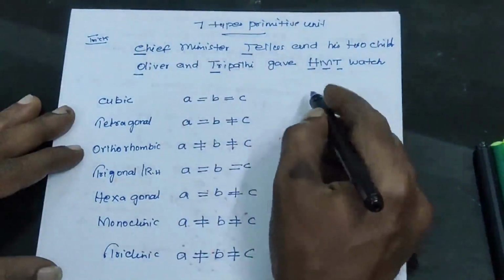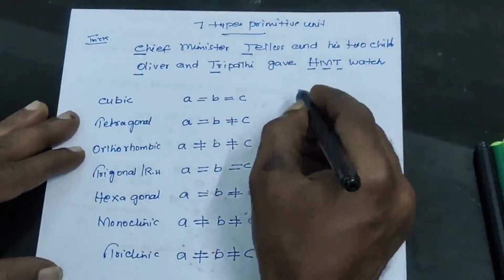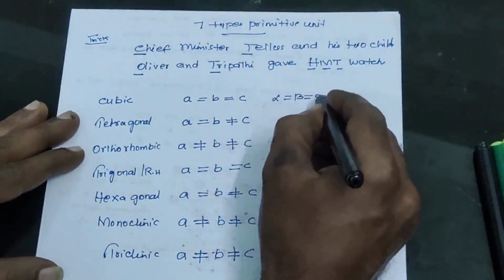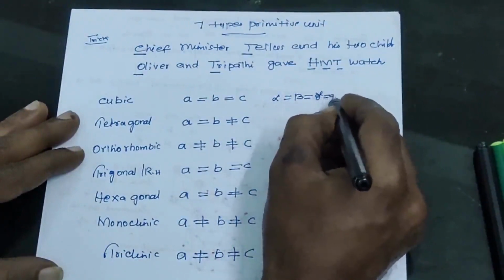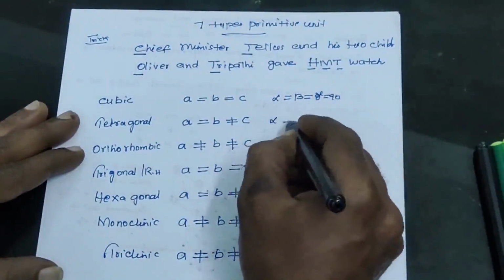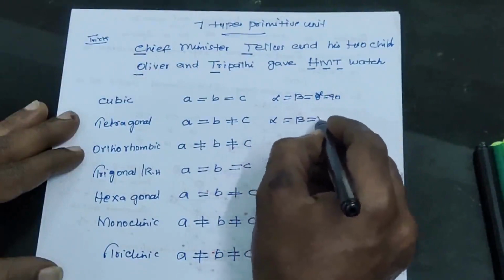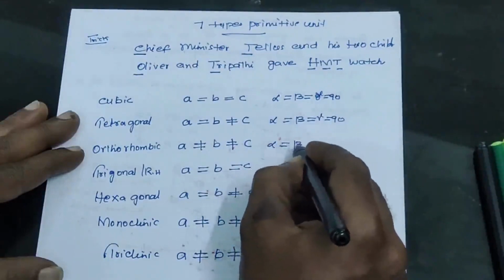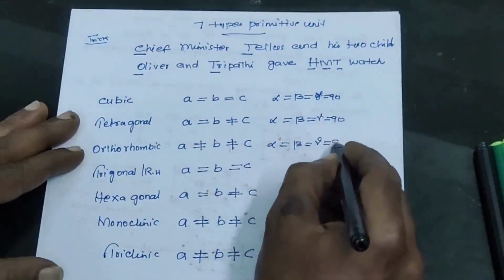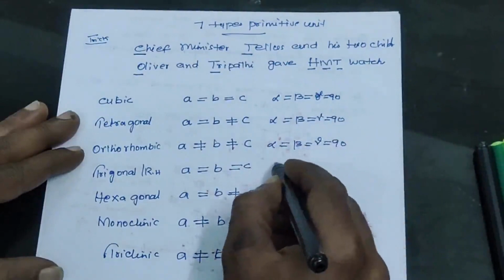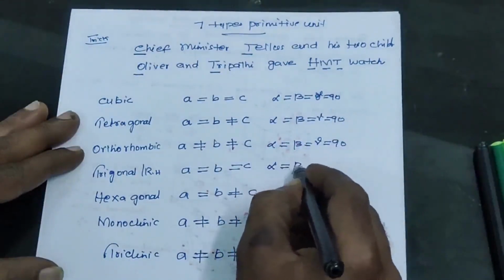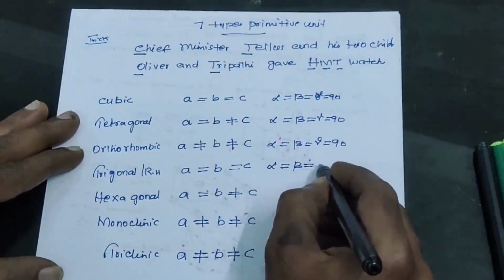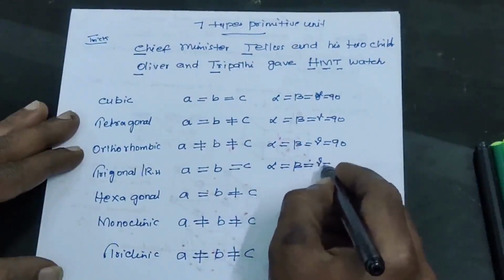Then the interfacial angles. For the first three, alpha = beta = gamma = 90. Then the fourth one, alpha = beta = gamma not equal to 90.